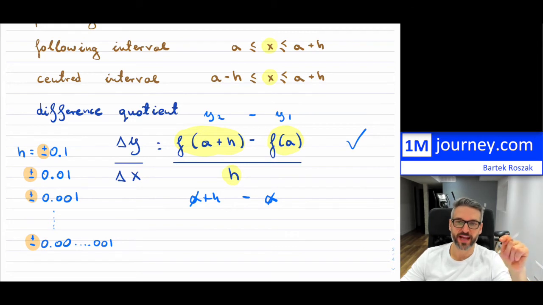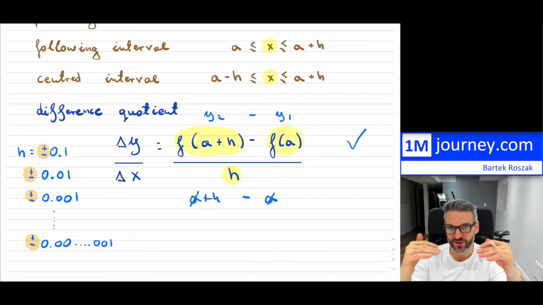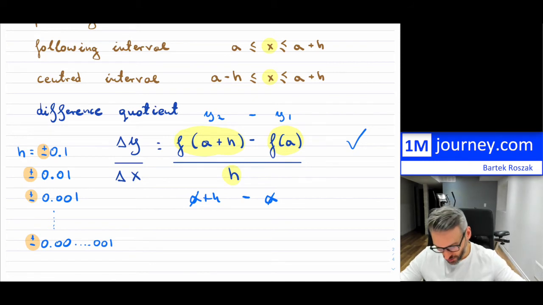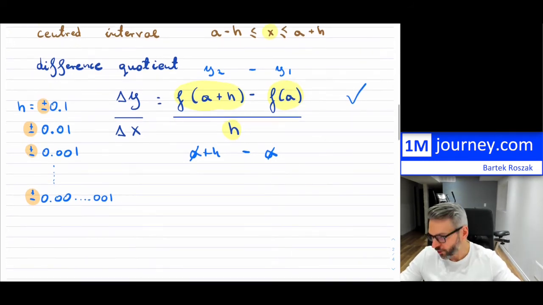And then one for the negative, which is like the preceding interval. And if you're going to combine both of those, that's like utilizing the centered interval approach, right? Once we find the two, we can get the average, and then we can approximate what that rate of change might be. Okay, so that's where we are at the moment.